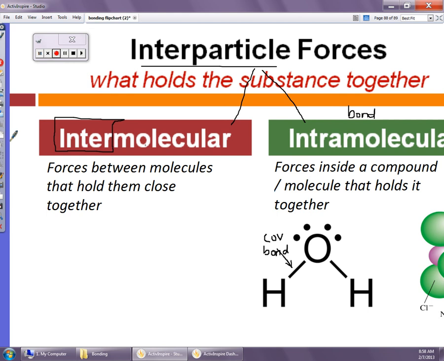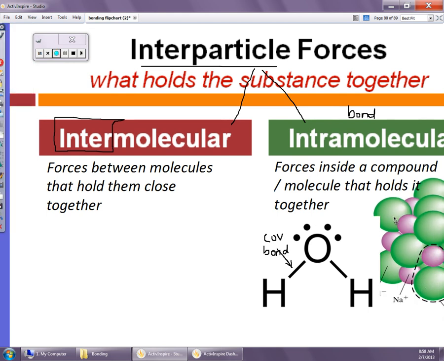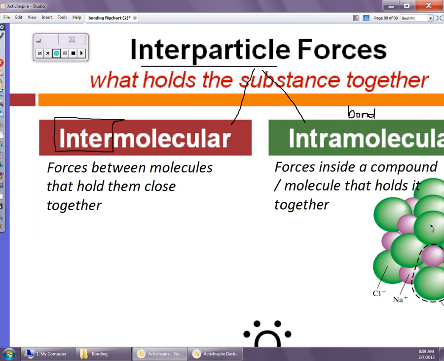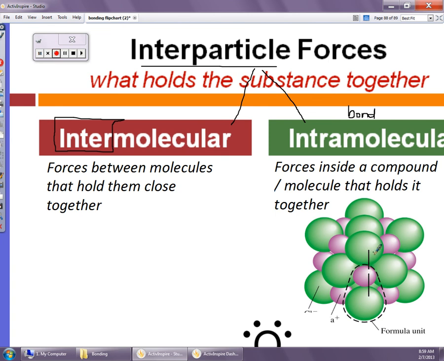Intra with the A. Ionic bonds, and we've talked about this before, is a little bit different. If you have an ionic bond, you're going to have a lattice structure that's going to be equally bonded in all different directions. So when we bring out our ionic compound, we see there's an ionic bond here, but there's another one here, another one here, another one here, another one here, and so we can continue to go in all different directions, creating our lattice structure.